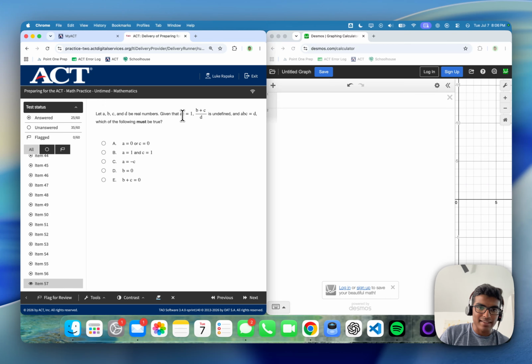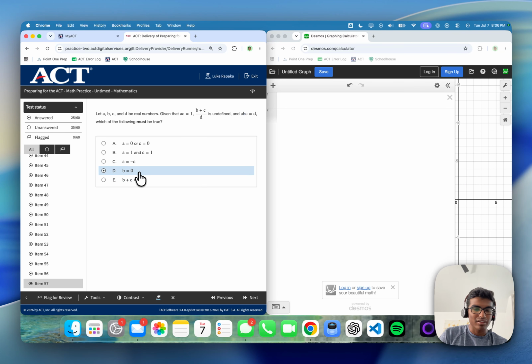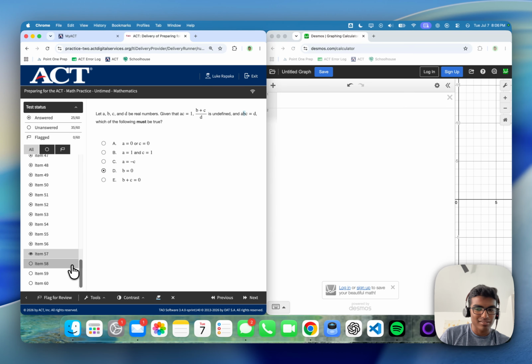And then the other thing is AC equals 1, ABC equals D. And I know D has to be 0 because it's undefined. And so if AC equals 1, that means B has to be equal to 0, because once B is 0, AC times 0 is 0, D is 0, and then that's undefined. So it's kind of like a loop thing.